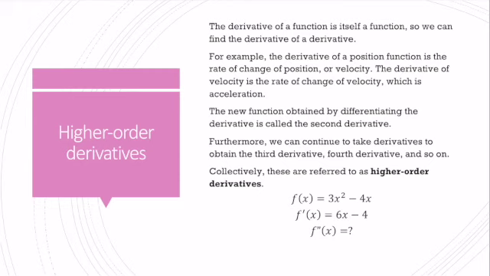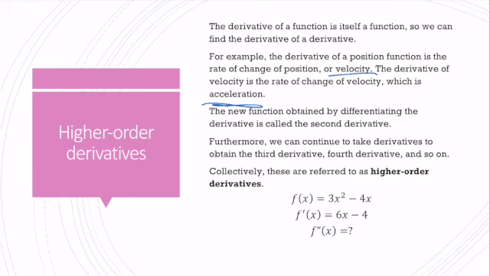Now, the derivative of a function is itself a function, right? So we can find the derivative of a derivative. For example, the derivative of a position function, the rate of change, is velocity. But if I take the derivative of velocity, I get acceleration, okay?